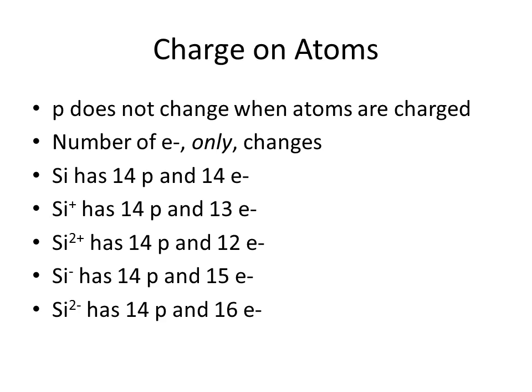If I take away 2 electrons so that it only has 12 electrons, then silicon will have a 2 positive charge. If I take silicon and add an electron to it, well, then silicon has a 1 negative charge. If I add 2 electrons to it, so it has 16 electrons now, then silicon has a 2 negative charge.